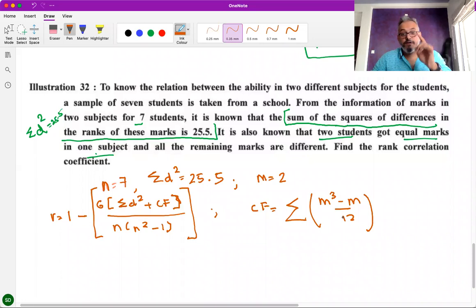You have to remember the formula, dear students, because if you forget the formula, your sum will go wrong. In the exam, you will forget what was m cube minus m upon 12. So please learn the formula.